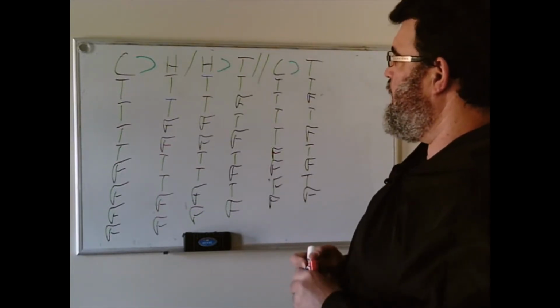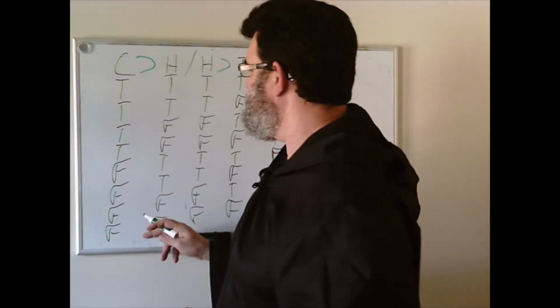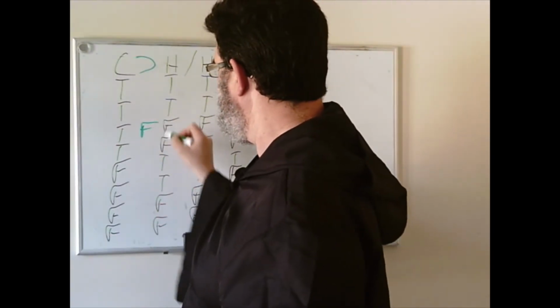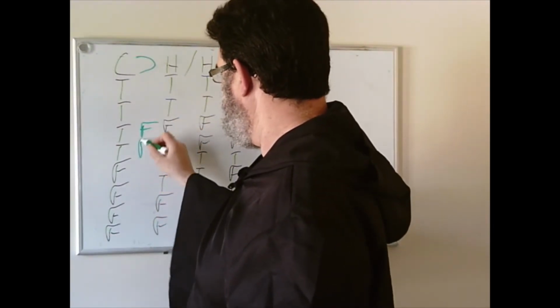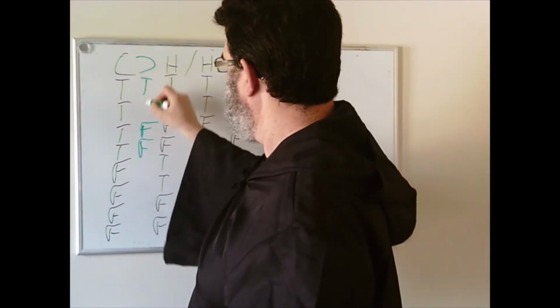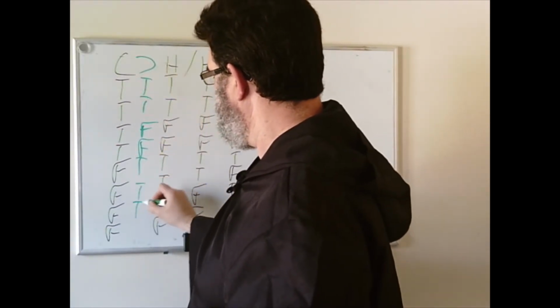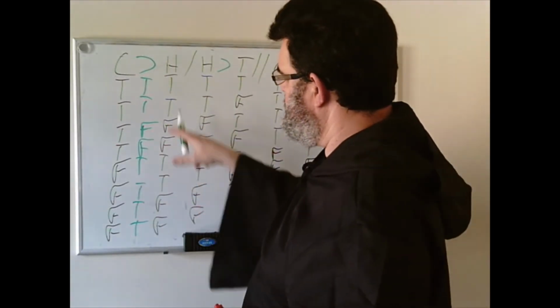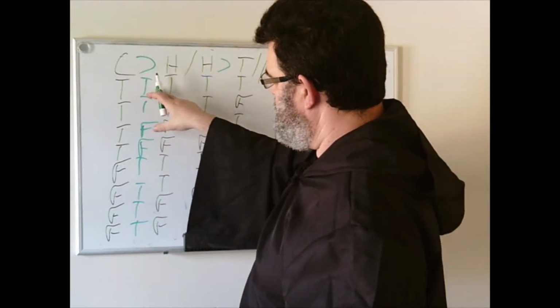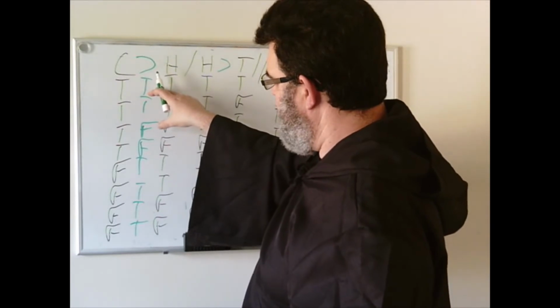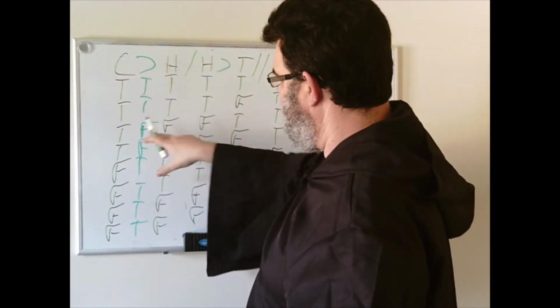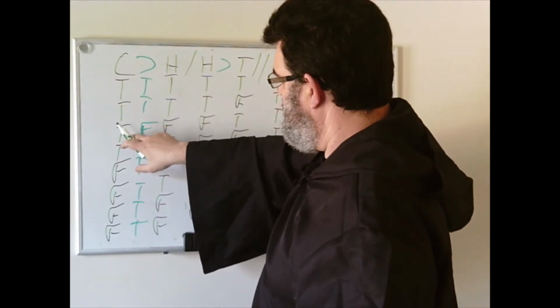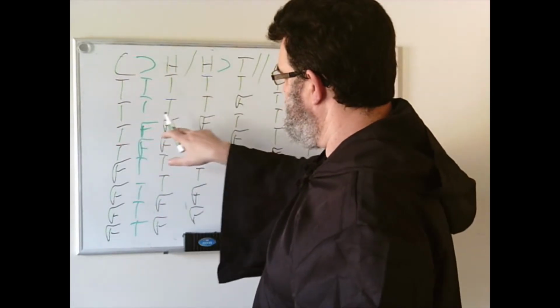So let me go ahead and solve each one of these conditionals. My first one, C then H, has a true value in every row except rows 3 and 4, where I have a true antecedent and a false consequent.